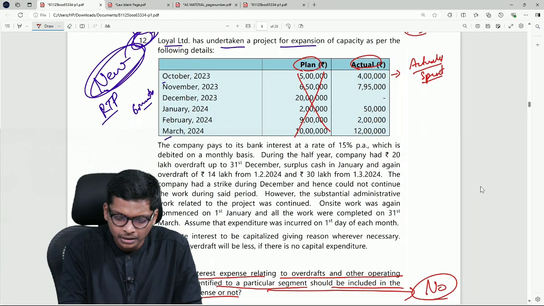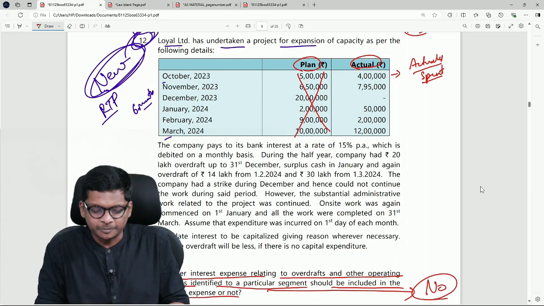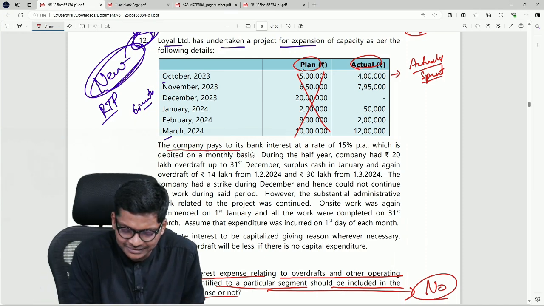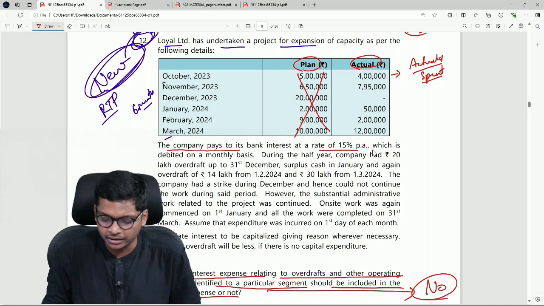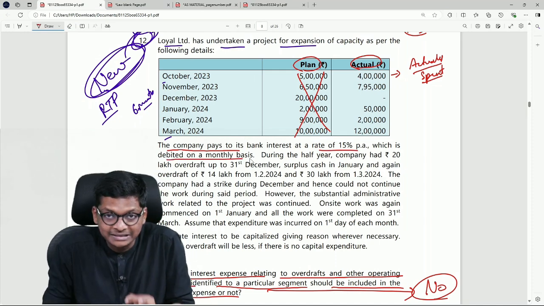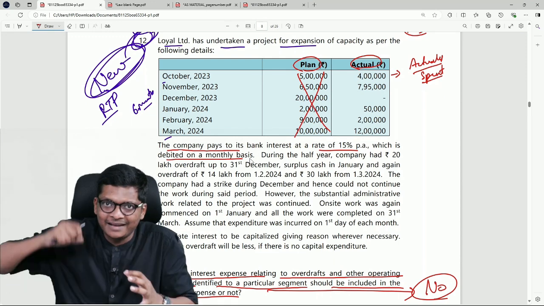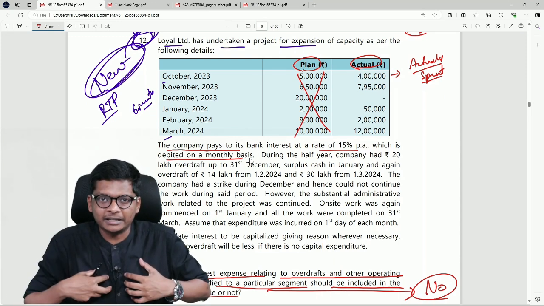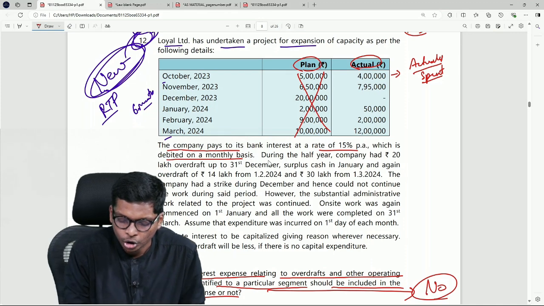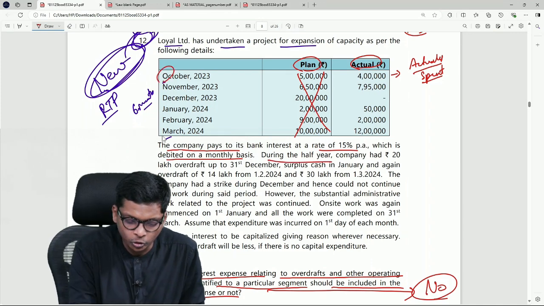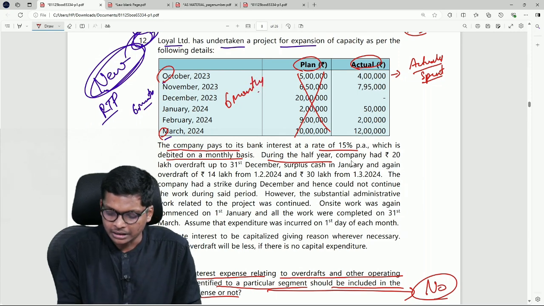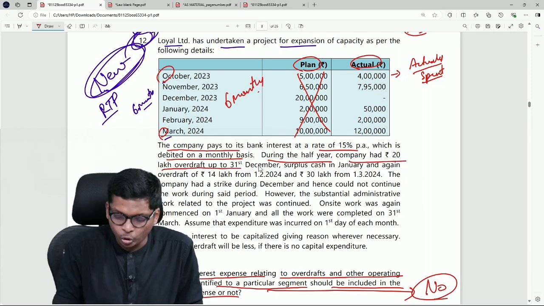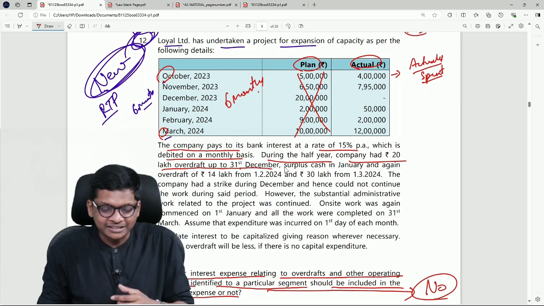Now if you see, this money has been spent. The company pays interest at the rate of 15% to the bank, which is debited on a monthly basis. So monthly I will pay interest; computation of interest also is on a monthly basis. During the half year from October to March, which is 6 months, the company had a 20 lakhs overdraft up to 31st December.